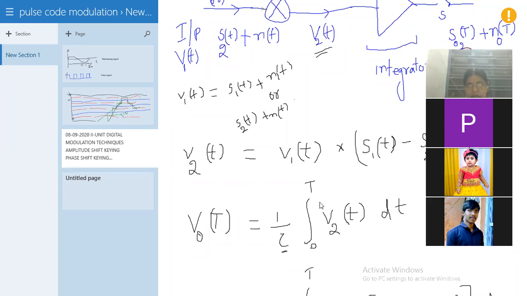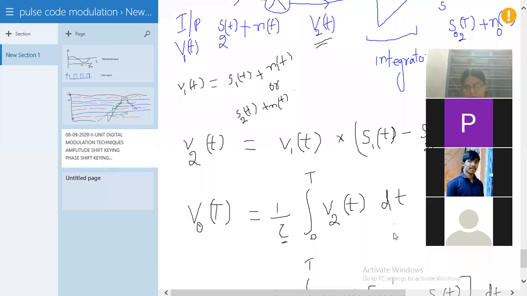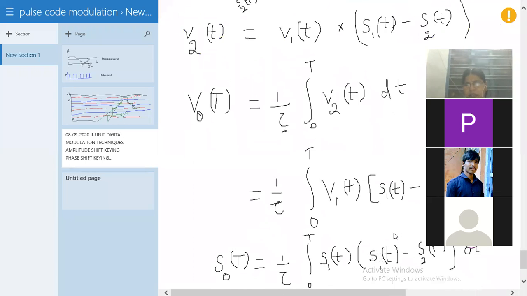T is the bit duration. V2 of t is the input to the integrator, so the integral is V2 of t into dt. Then what is V2 of t? V2 of t is nothing but V1 of t into S1 of t minus S2 of t. Now we can derive the expression by splitting V1 of t.